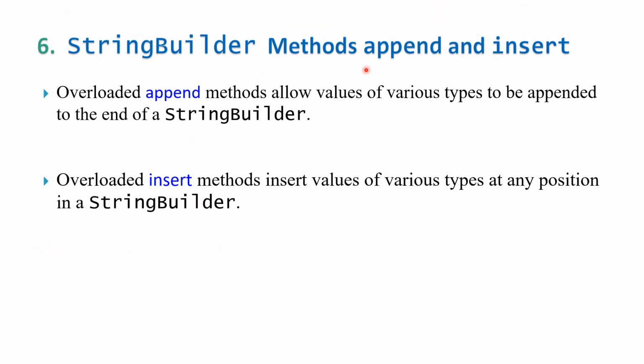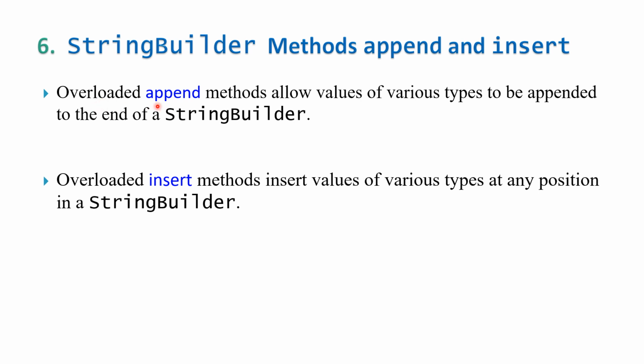The principal operations on a StringBuilder object are the append and insert methods, which are overloaded with many versions so as to accept data of any type. Each method effectively converts a given datum to a string and then appends or inserts the characters of that string to the StringBuilder object.